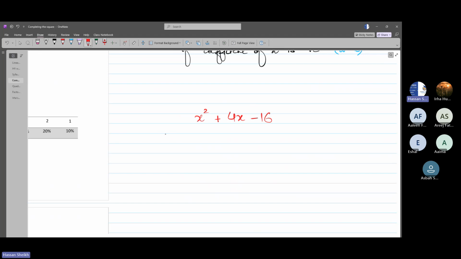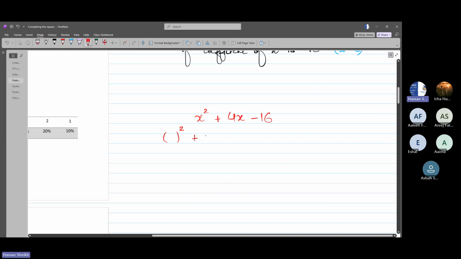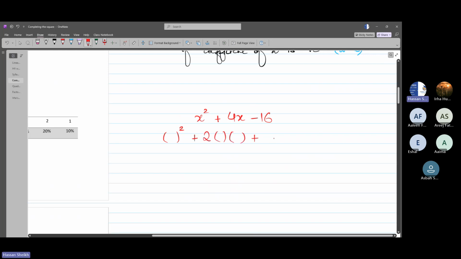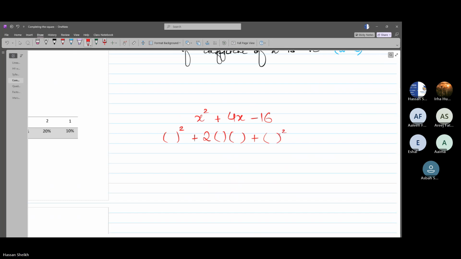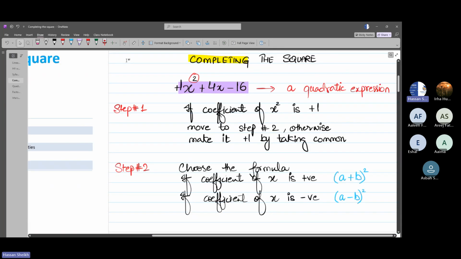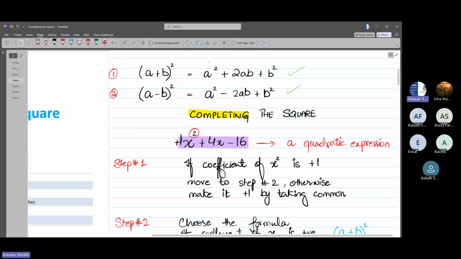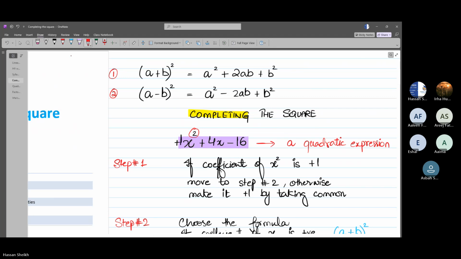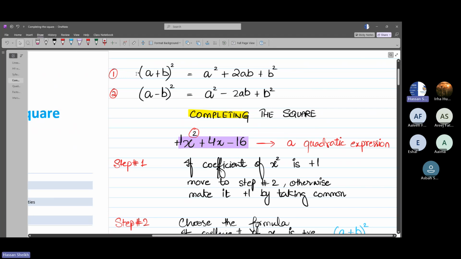So the expansion is a square plus 2ab plus b square. Is that the sum of whole square formula? A square plus 2ab plus b square, the first one. Okay.